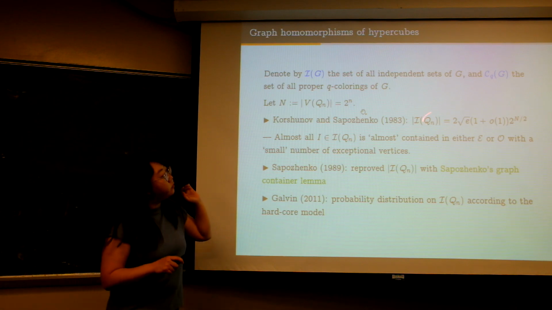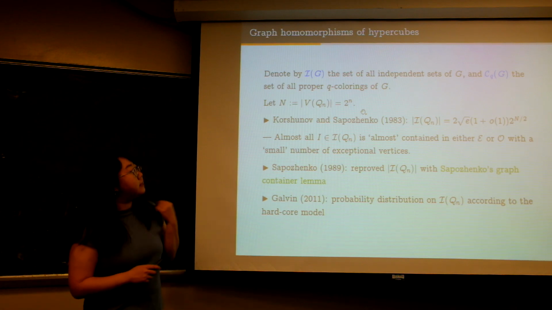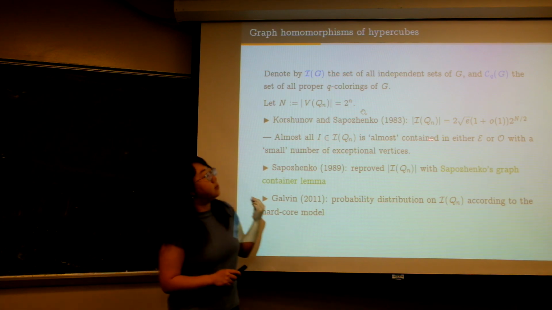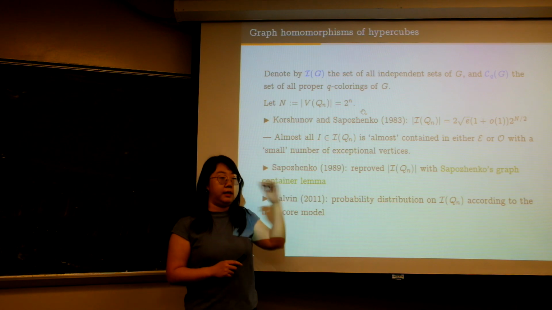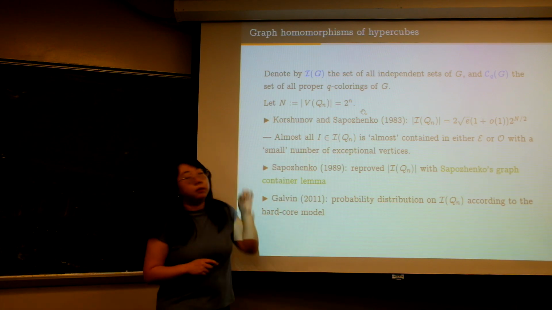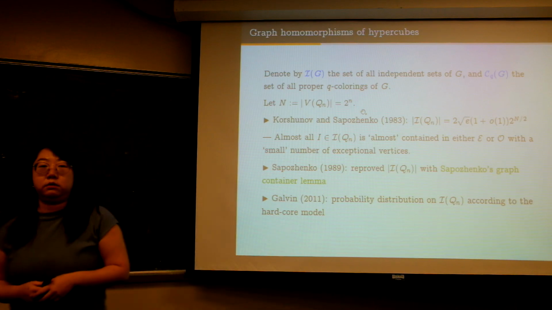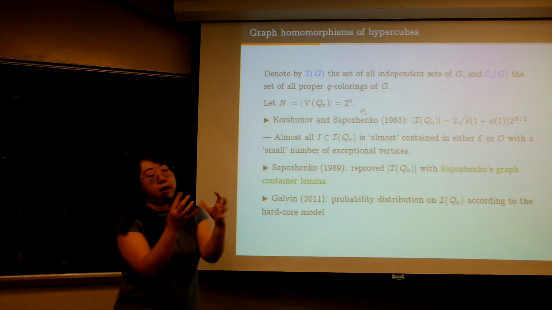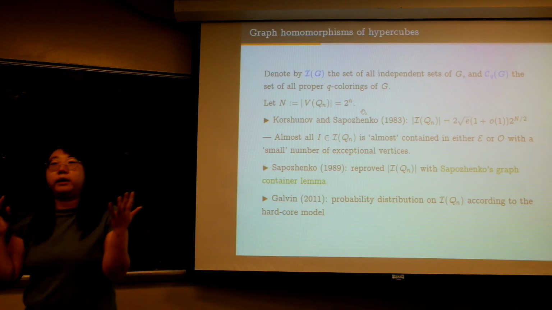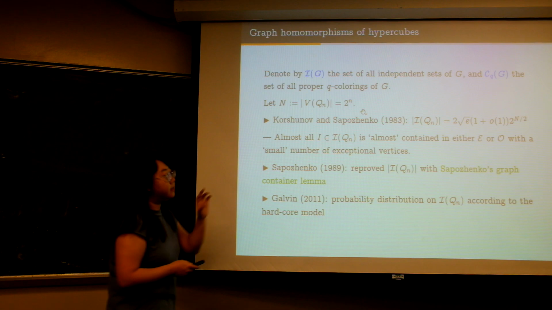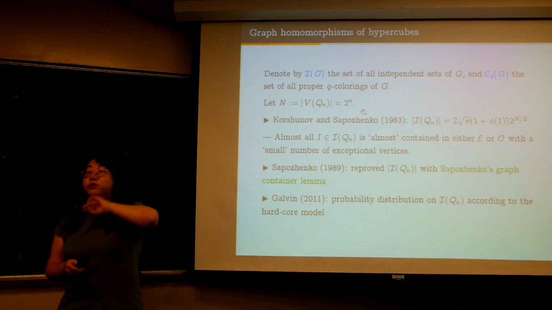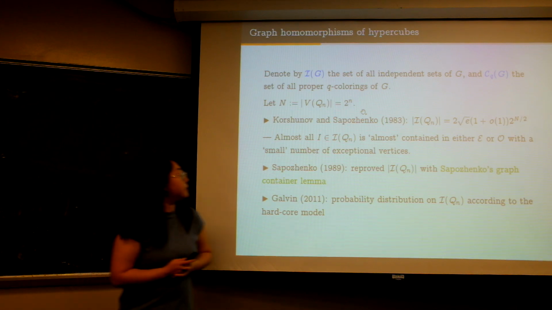Their result essentially says that almost all independent sets are almost contained in either the even set or the odd set, with only a small number of exceptional vertices. Because if you take a subset from one of the parts, that's a very natural independent set, since it's a bipartite graph.